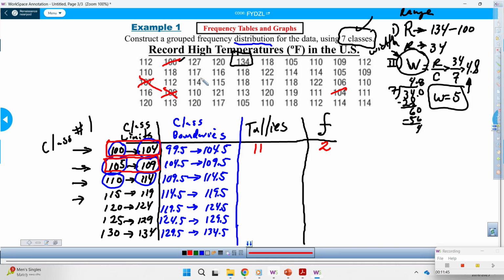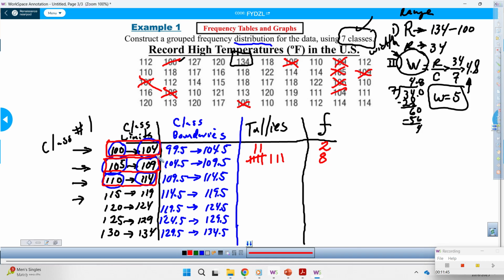I'm just going to X on these. 3, 4, 5, 6, 7, 8. 8. That's my next frequency. Focus, please.